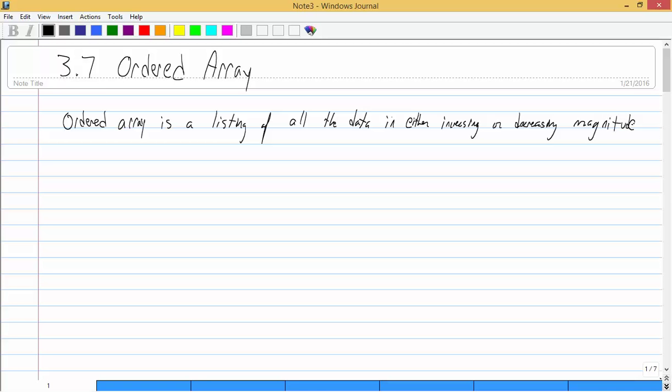All right, so that's fancy speak for just a set of data that's arranged increasing or decreasing.